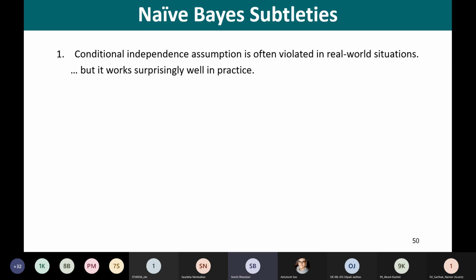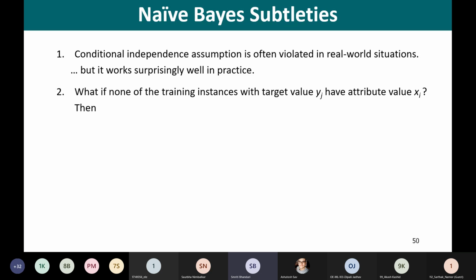While solving real-world problems this assumption may not be true, but still, even then, the Naive Bayes algorithm works well in practice.